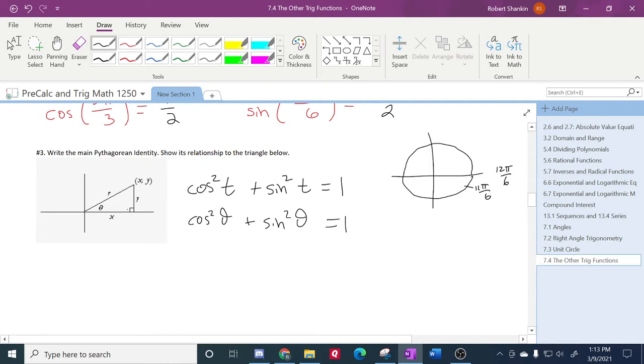If this was theta, look at the picture and think of SOHCAHTOA. From the picture, write the ratios over there. And let me give you a minute.